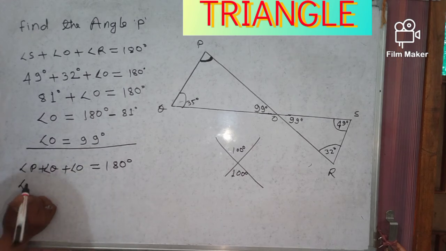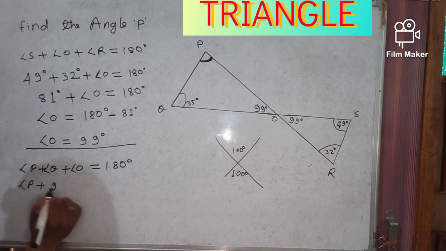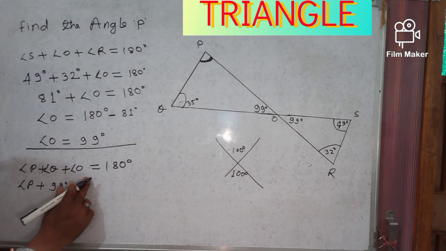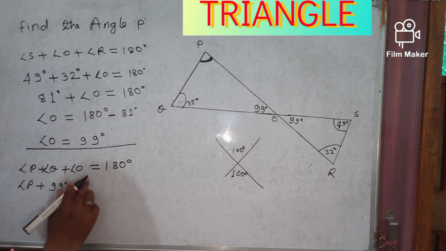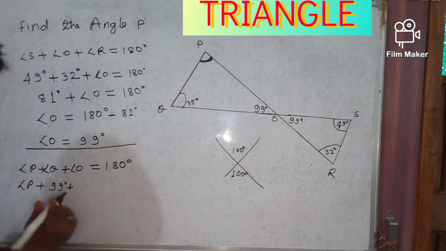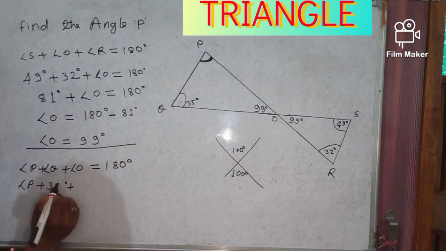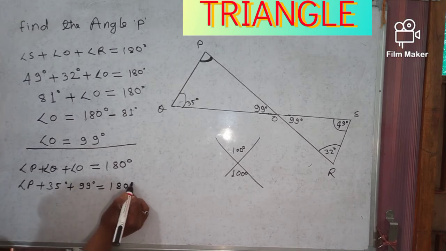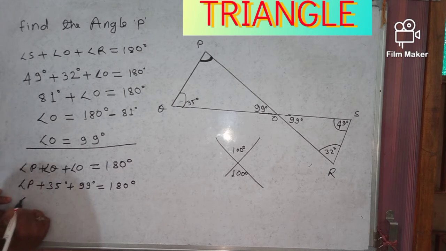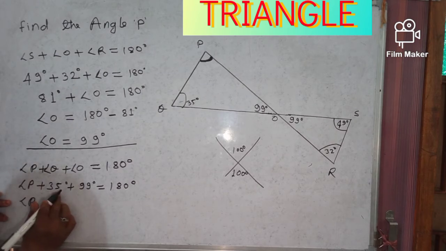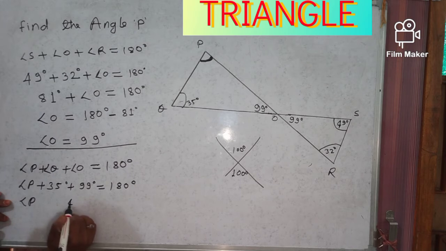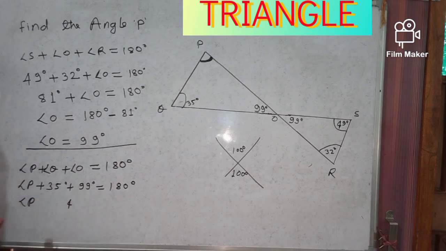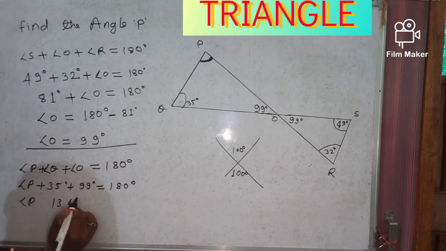So angle P is unknown, so keep it here, and angle O is 99 degree plus angle Q is 35 degree. 35 degree and 99 degree is equal to 180 degree. Now angle P, so 9 plus 5 is 14 and 9 plus 3 is 12, so it is 134 degree.